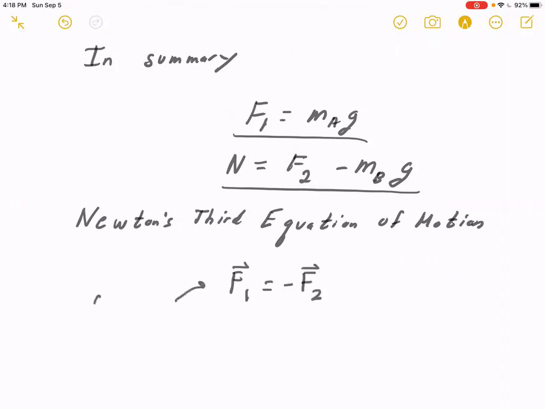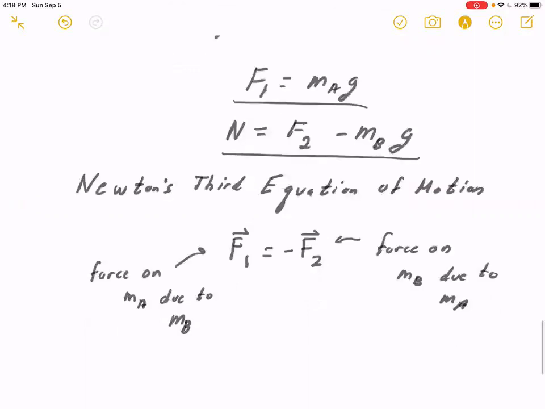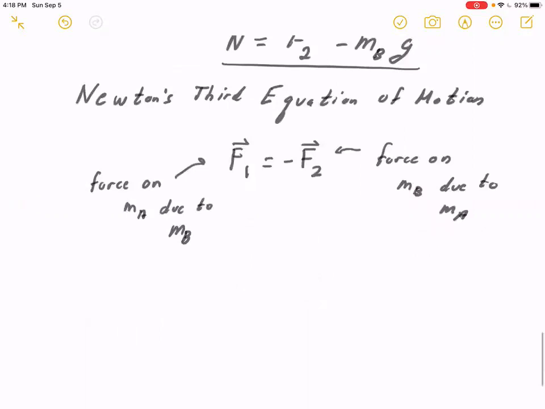F sub 1 is the force on M sub A due to M sub B, and it is minus the force on M sub B due to M sub A. So I can write this as a vector equation where, strictly speaking, it's a zero vector on the right-hand side.